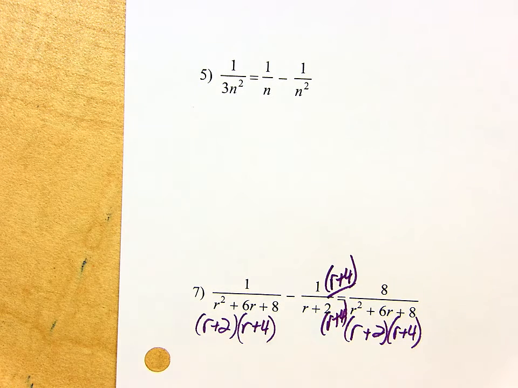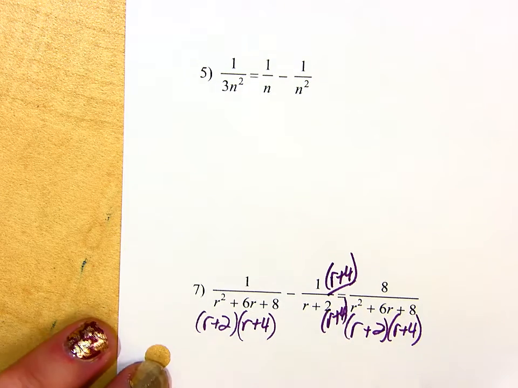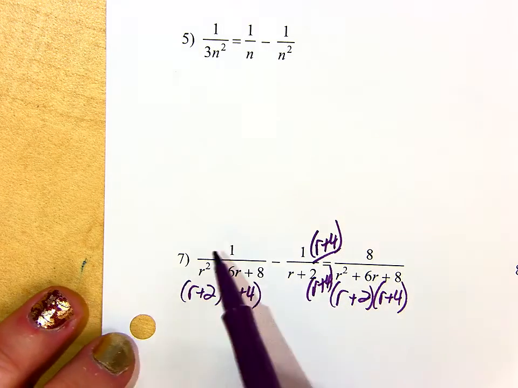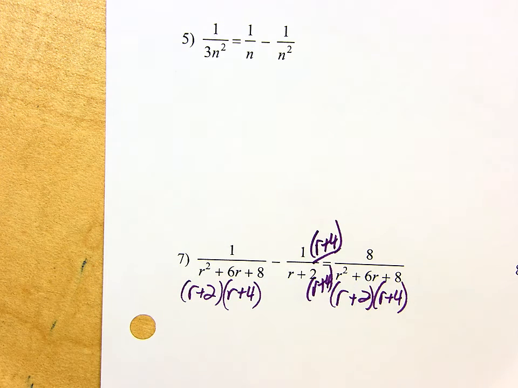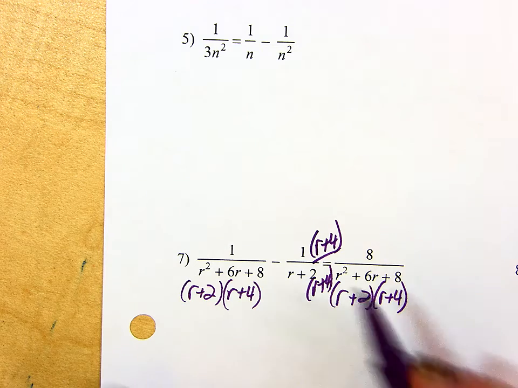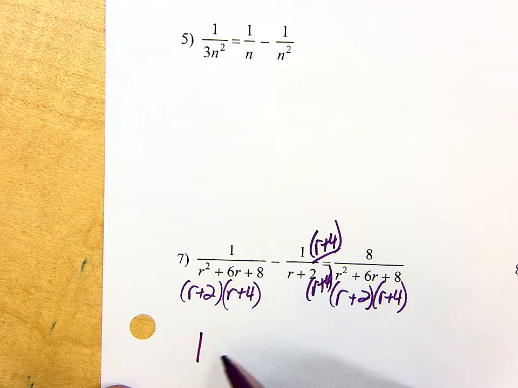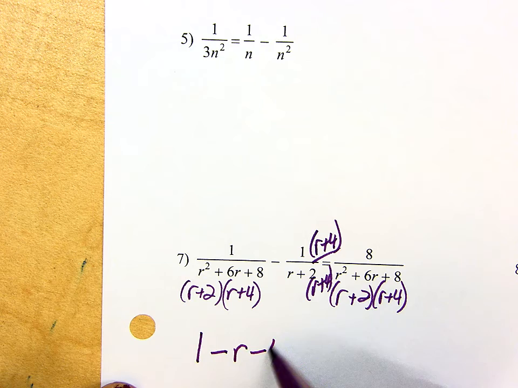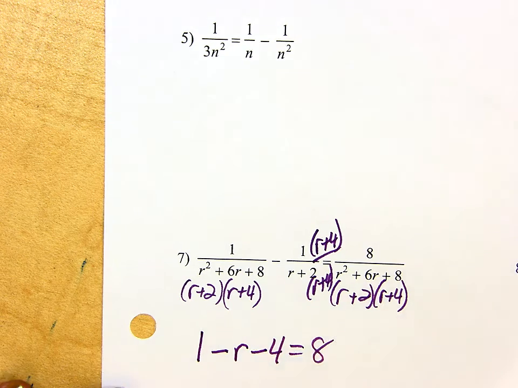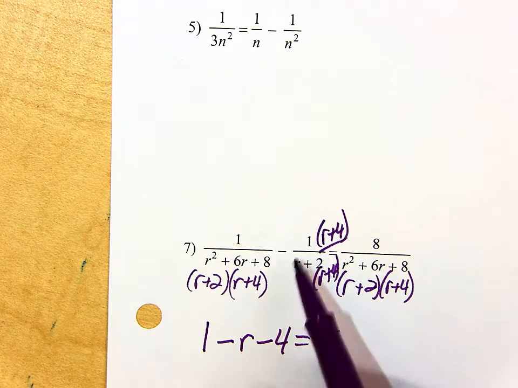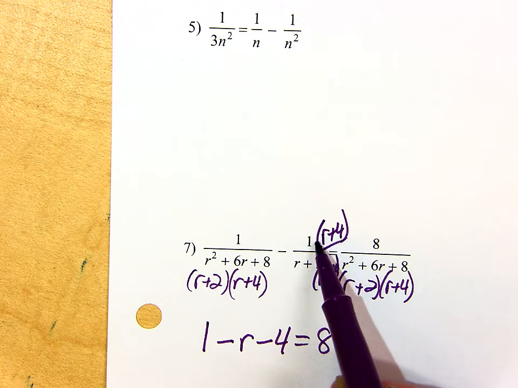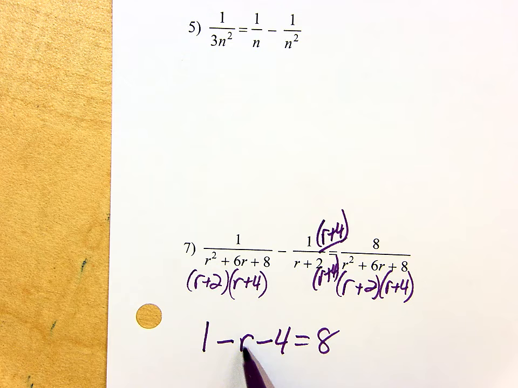You have to be really careful though, because this is a subtraction problem. So when you write the equation formed by the numerators as you think it's supposed to be written, tell me what you think you're supposed to write. 1 minus r minus 4 equals 8. Yes. You have to subtract 1 times r plus 4, which is just r plus 4, right? You need to subtract both of those bits. So you need a negative r and a negative 4.